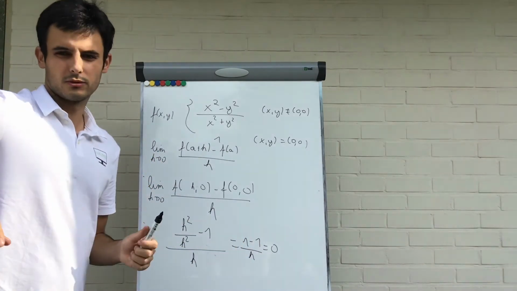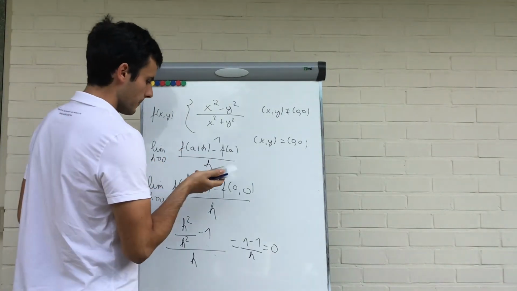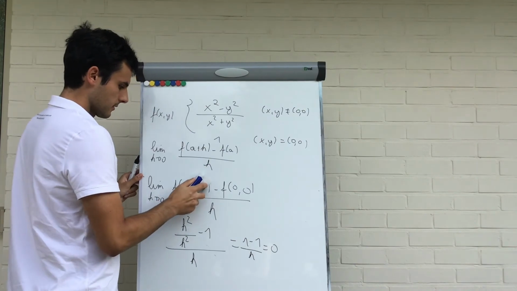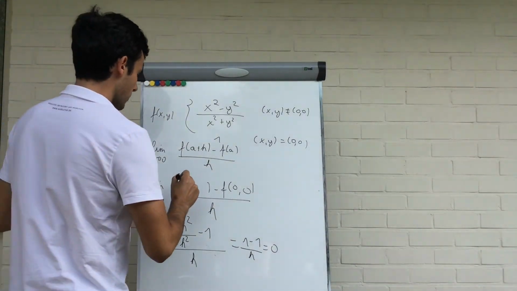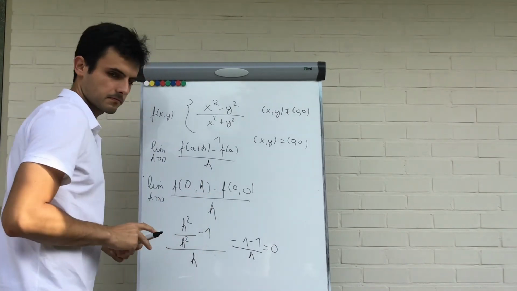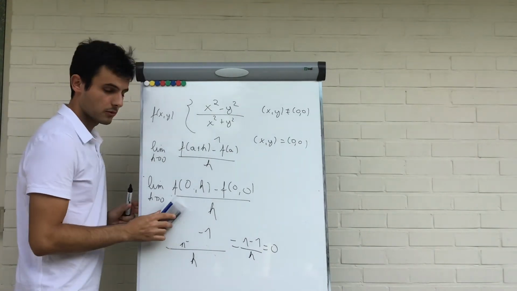Now we are going to see if the second partial derivative exists in 0, 0. So now it changes a little bit. Instead of h, 0, it's now 0, h. All the rest stays the same.